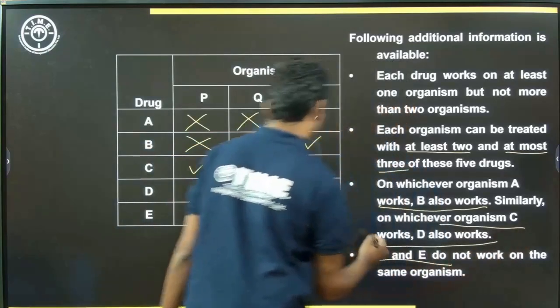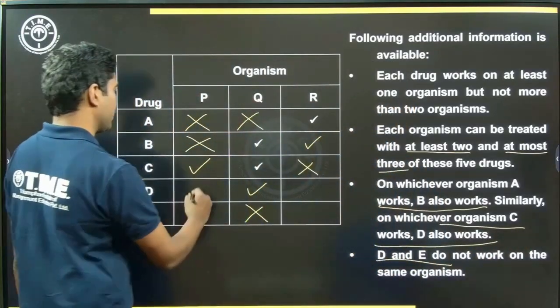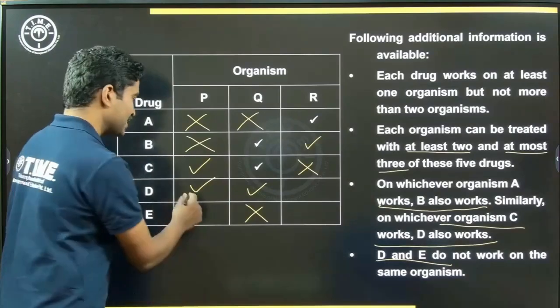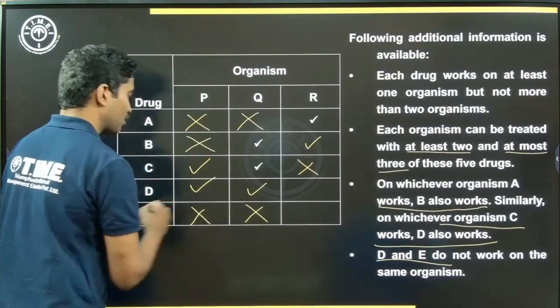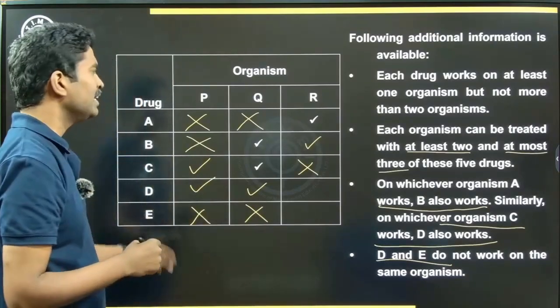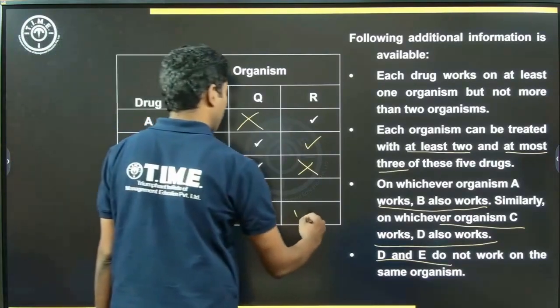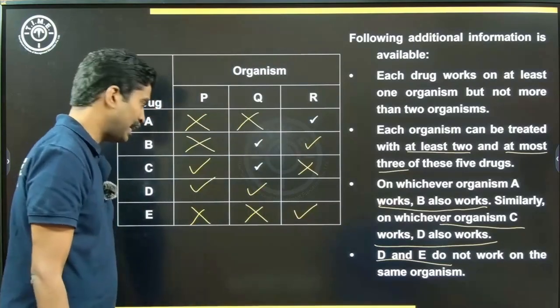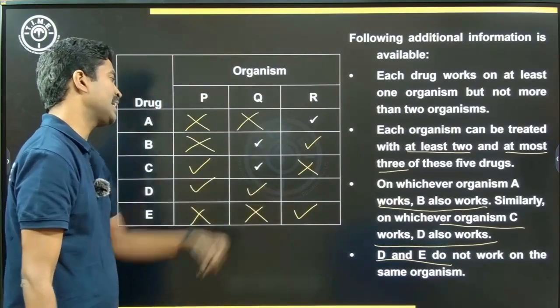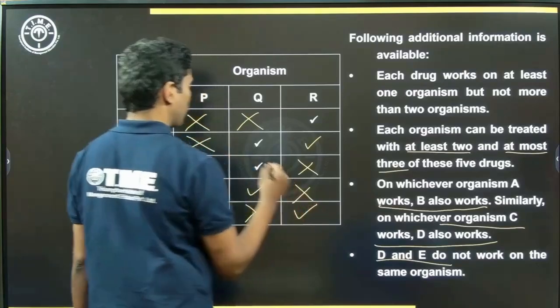If C works, D has to work. So if C is working here, D has to work. And since D works, E will not work. Now what? E. Every drug works on at least 1 organism. E got a cross here, so E has to get a tick here. And if E works, D cannot work, right? So this is what we have.